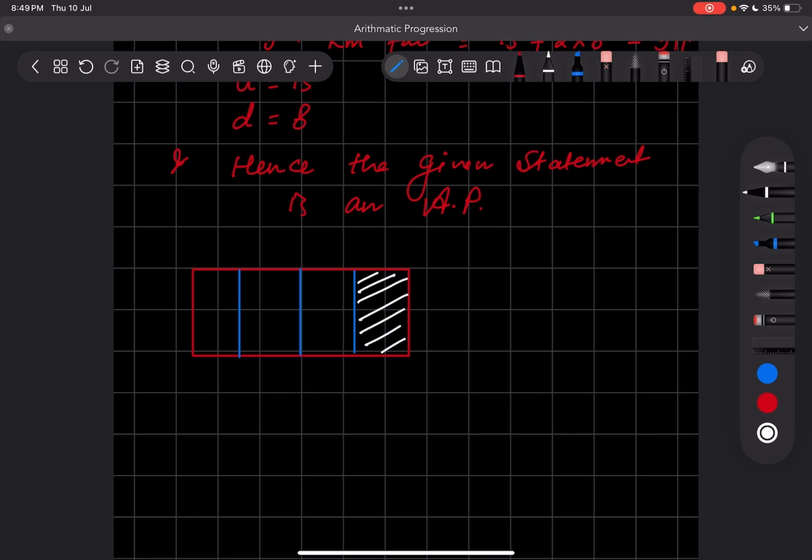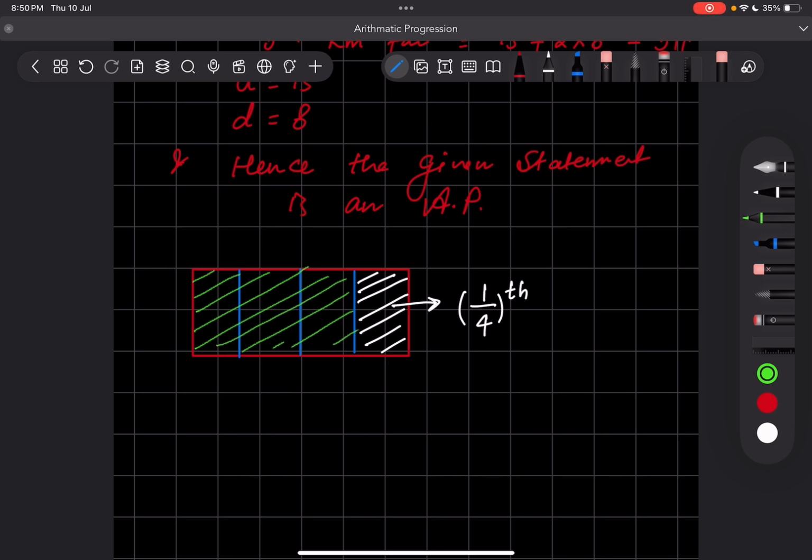4th of the air from this cylinder. Now, as 1 by 4th of the air is removed from this cylinder, this cylinder is filled only with 3 by 4th of the volume of the total air.